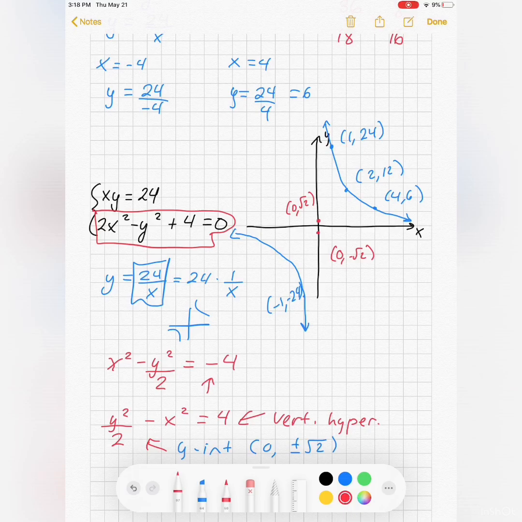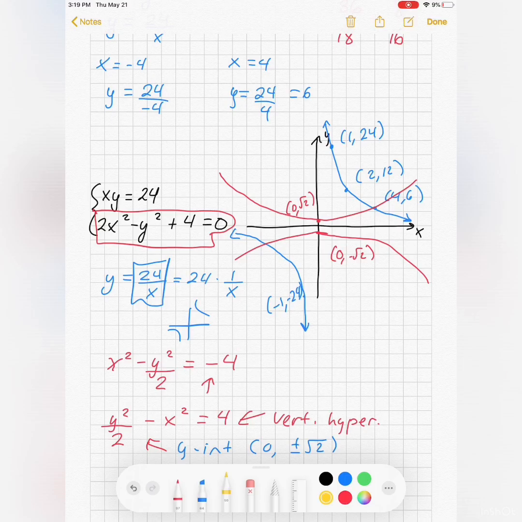Then we put the asymptotes on there, etc. But roughly, just to know how many intersection points and in which quadrants, it's going to look something like that and like that.